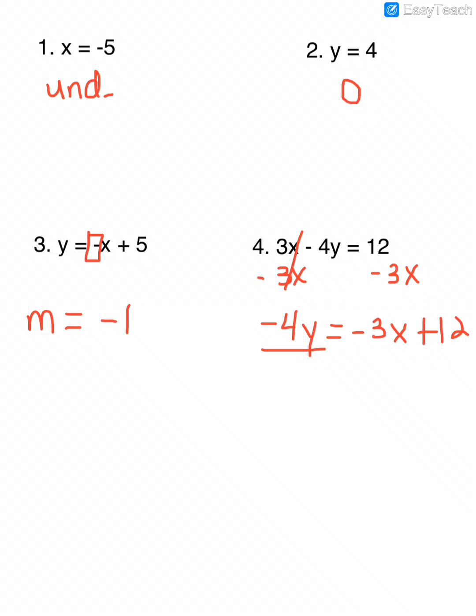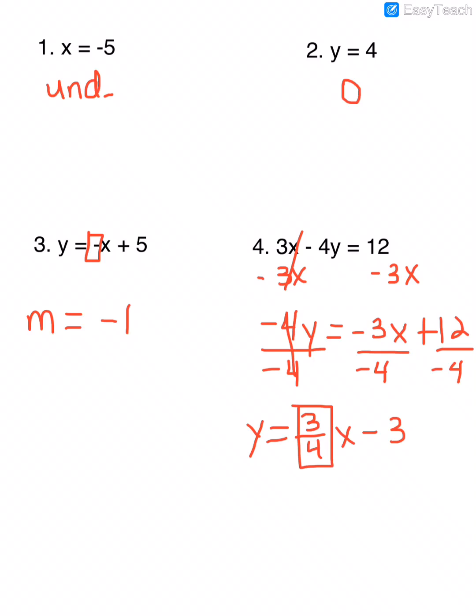And then I need to divide everything by negative 4. And that gives me y equals, a negative 3 over negative 4 would turn positive, 3 over 4 x, minus 3. So my slope here would be 3 over 4.